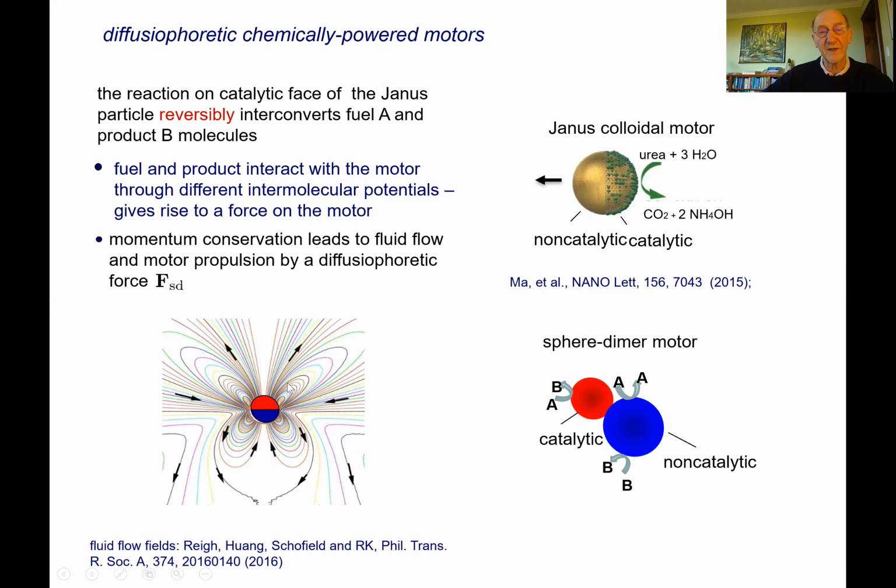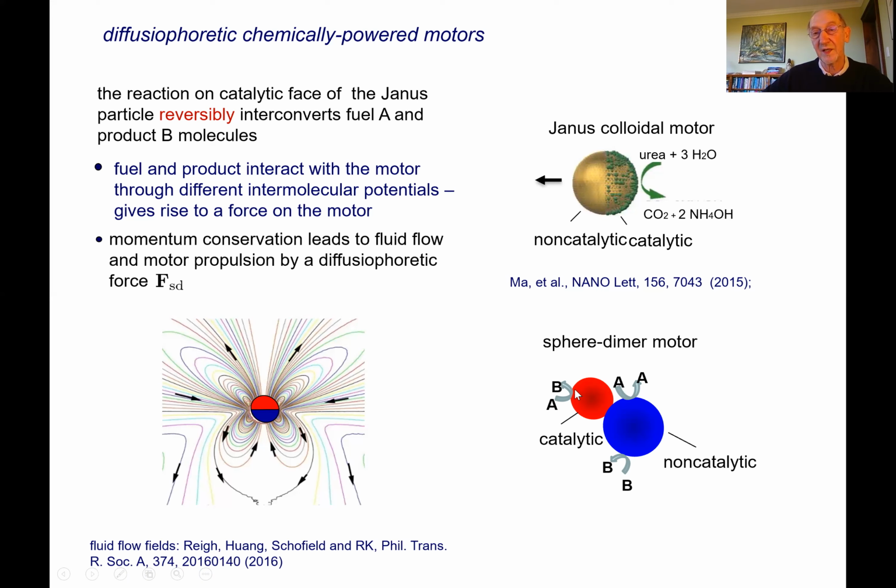In the lower left-hand corner, you see an example of the streamlines of the fluid flow field that are generated by such a catalytic reaction occurring on a Janus motor. You can see it's quite complicated, particularly the near field flow can be quite complicated and depends sensitively on the geometry of the motor and the nature of the chemical reaction that occurs there.